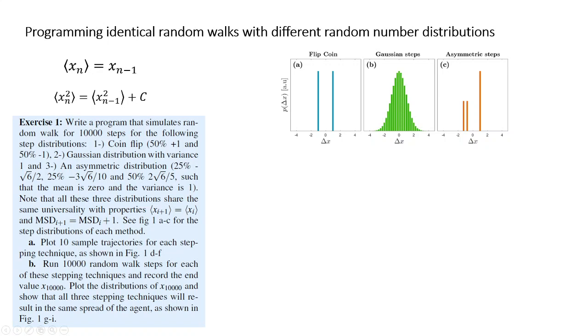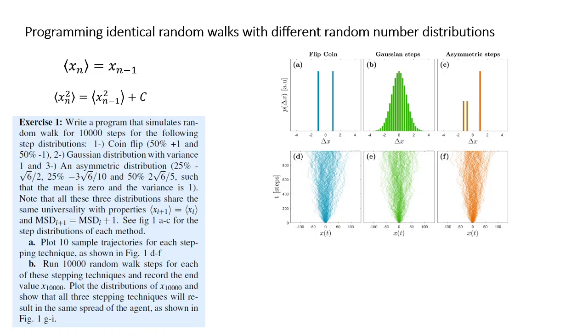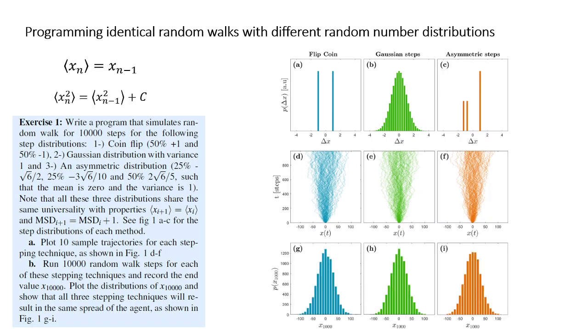From these, we are going to first create sample trajectories and show that they all look very similar if we have a large number of steps. And then we are going to compare where they end up in the coordinate x after 10,000 steps, and we are going to see that their distributions actually look identical to each other.